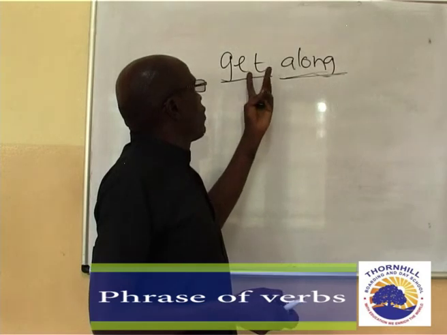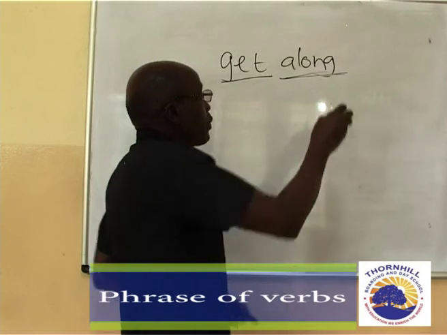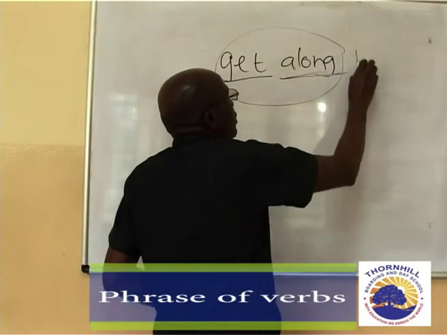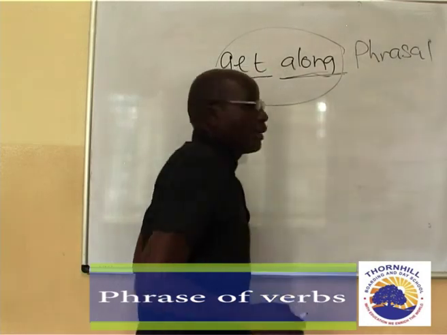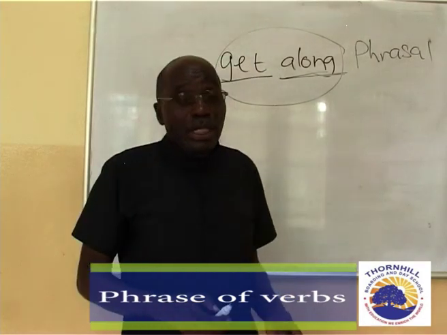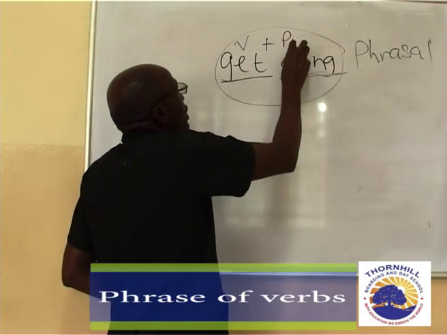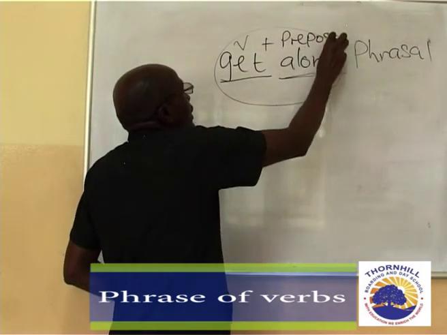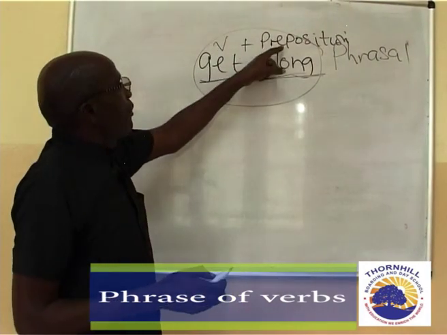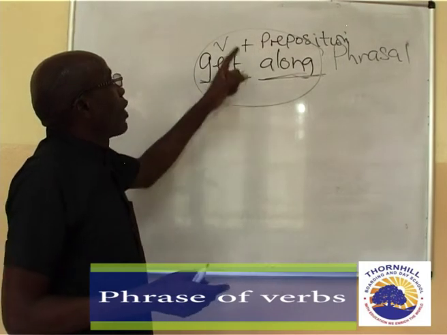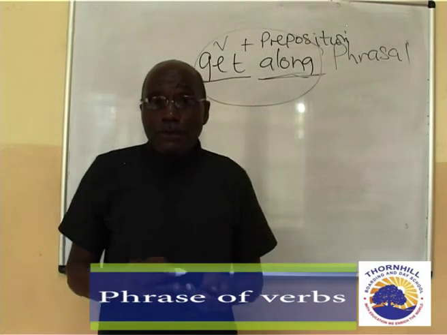The combination of "get" and "along" is what we call a phrasal verb. So we have a verb plus a preposition.